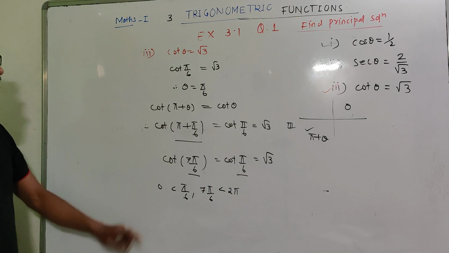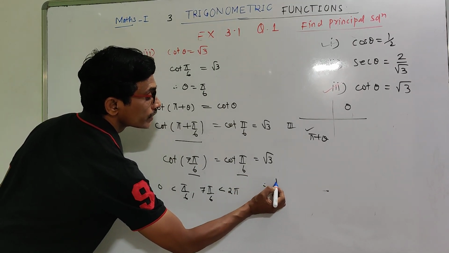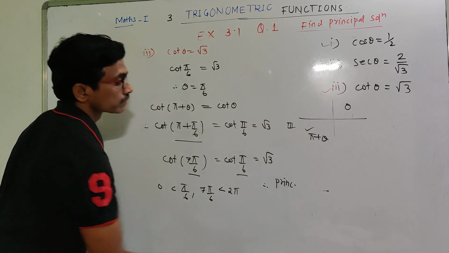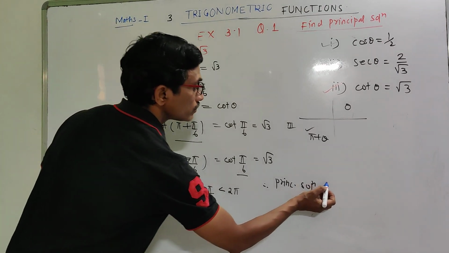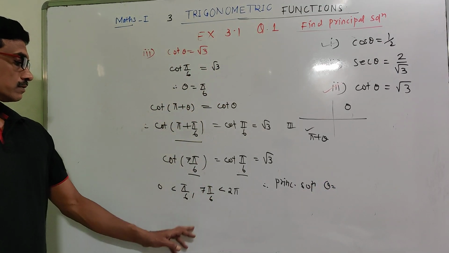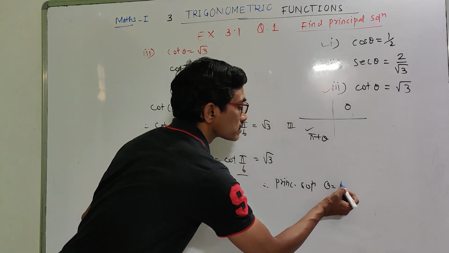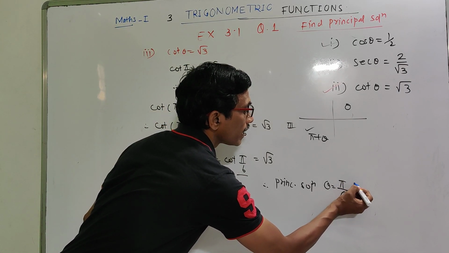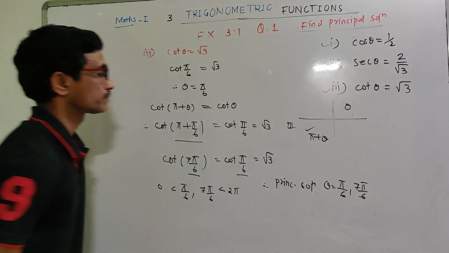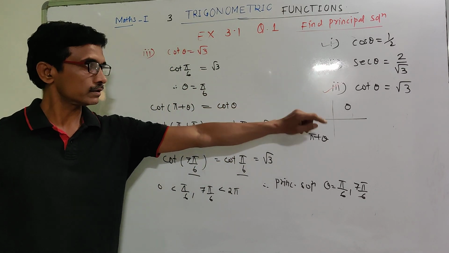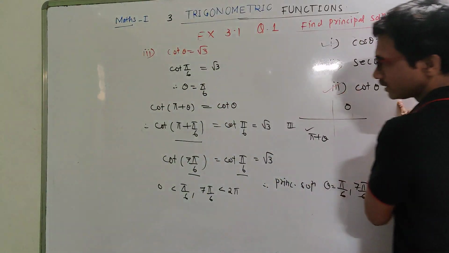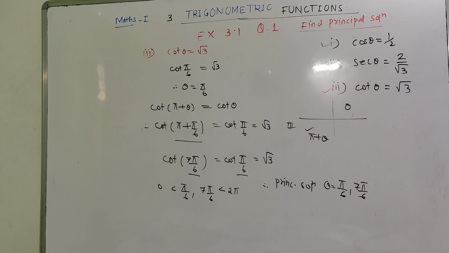So therefore the principal solutions of this equation are theta is equal to pi by 6 and 7 pi by 6. So these are the principal solutions of this trigonometric equation cot theta is equal to root 3. That is pi by 6 and 7 pi by 6. Both values lie in 0 to 2 pi.